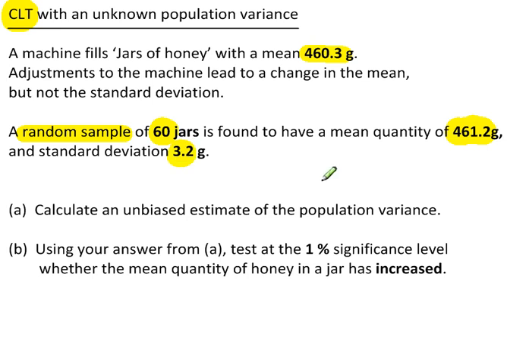The population standard deviation is unknown, but we can estimate it using the sample standard deviation. So we're going to calculate an unbiased estimator for the population variance.